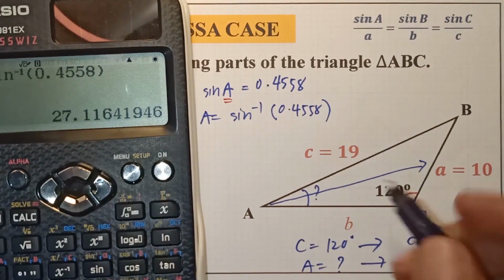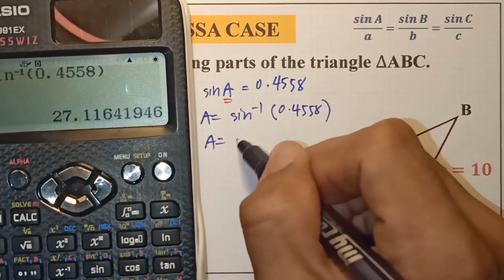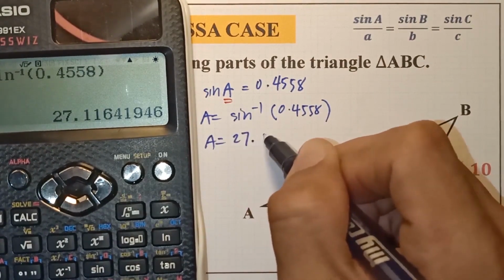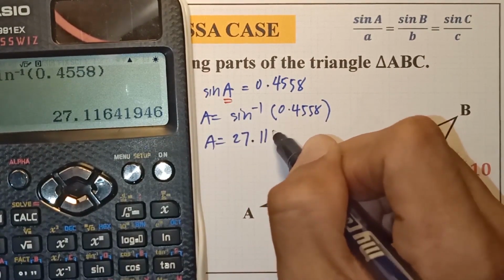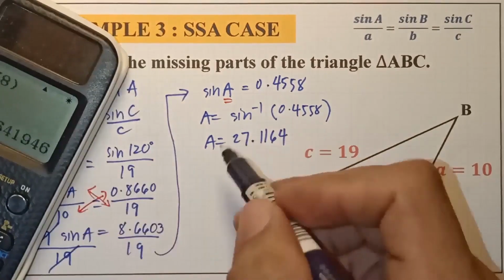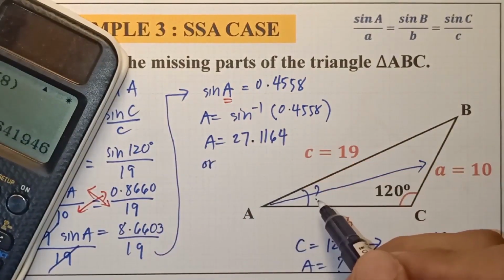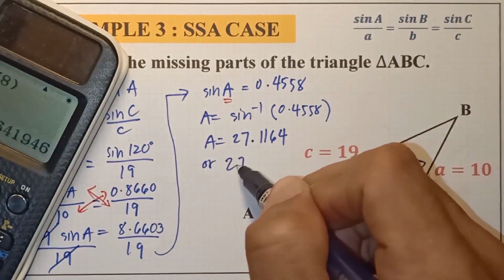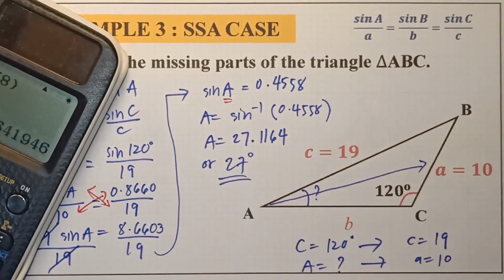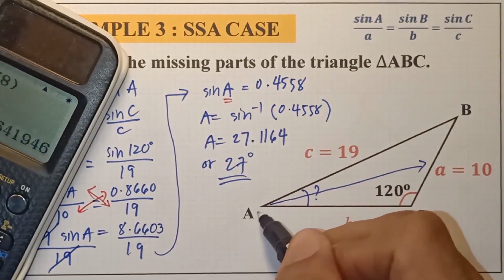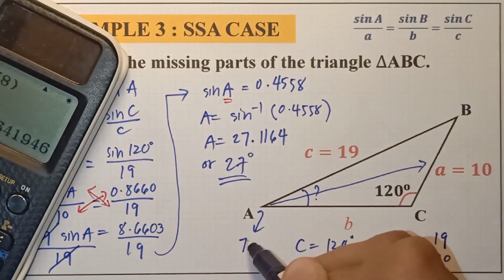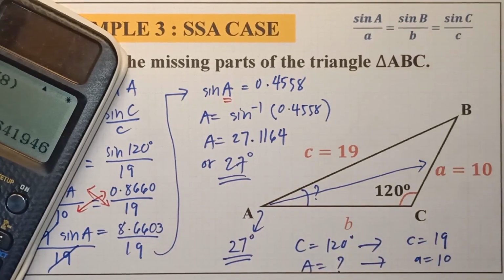The result here is, so A now is 27.1164, or simply 27 degrees. So this is now angle A, which is 27 degrees.